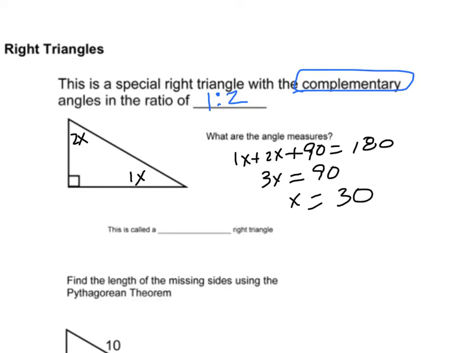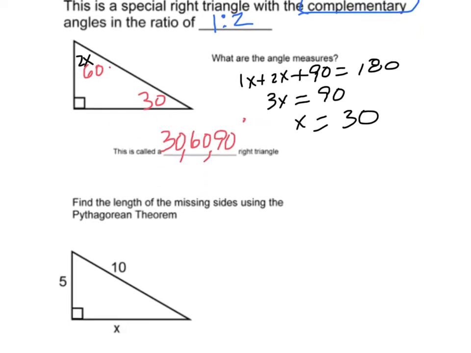So that means that this angle is 30. And the other angle would be 2 times 30, or in this case, 60. So I'll fill in a little 60 right there. Now, this is called a 30, 60, 90 right triangle.